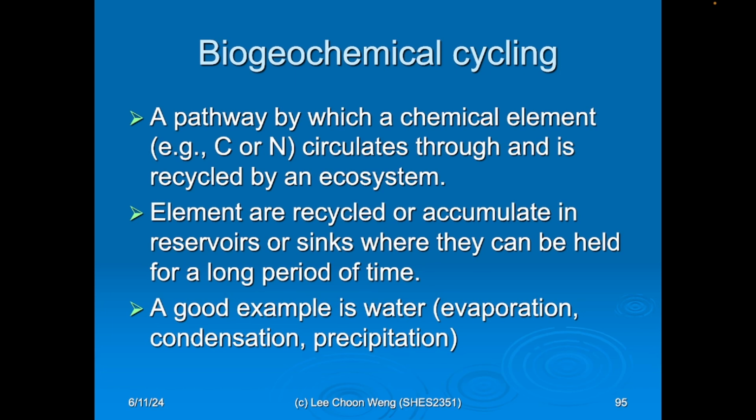Reservoirs or sinks are important because they can hold elements for long periods of time and can replenish the supply if required, or for elements that are detrimental, for example CO2. Oceans can become sinks for CO2, where it can be kept for thousands of years away from the atmosphere.